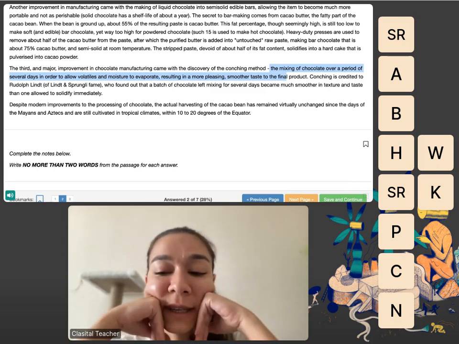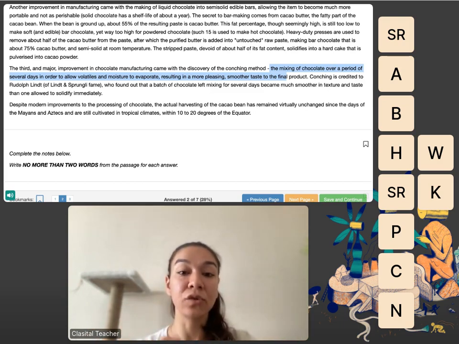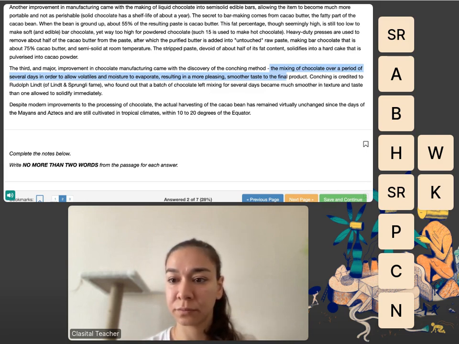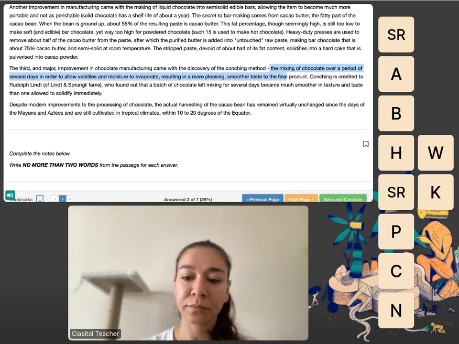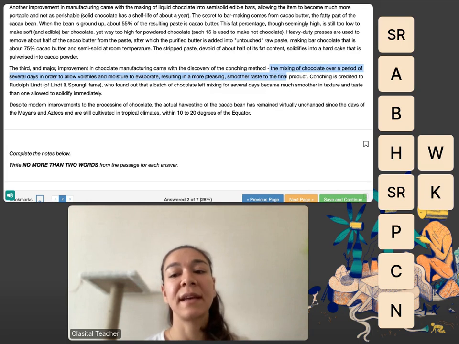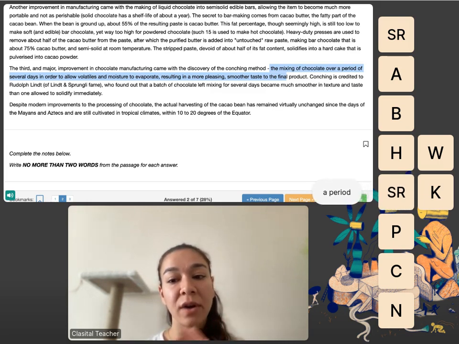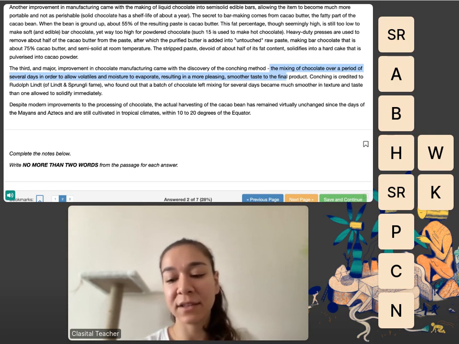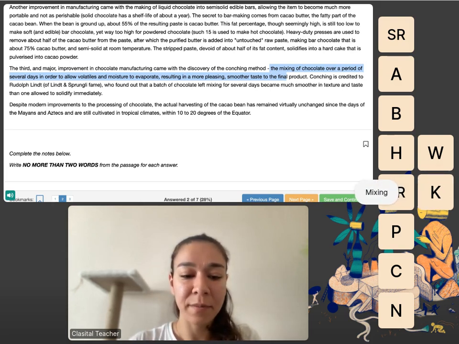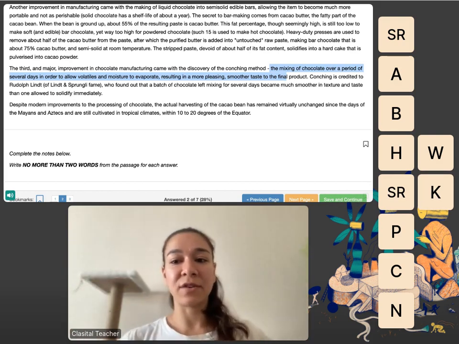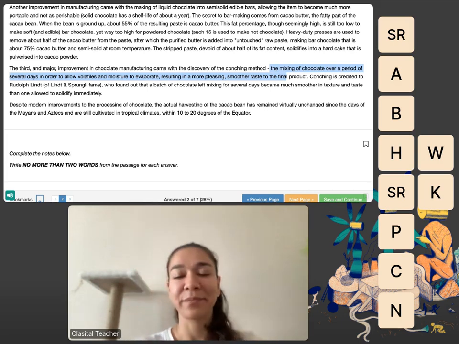Actually, they are doing some action here. Extended period, again, period is a noun. Extending something, it should be something like that. Verb plus ing: extending something, leading to evaporation of volatiles and water.